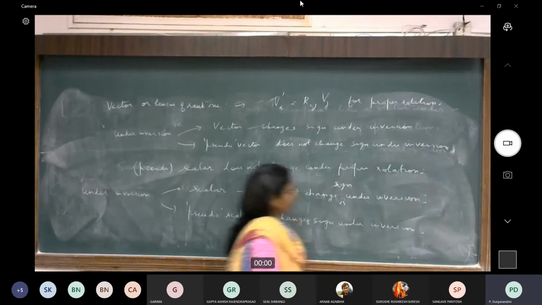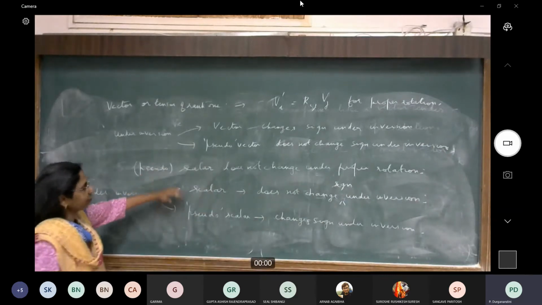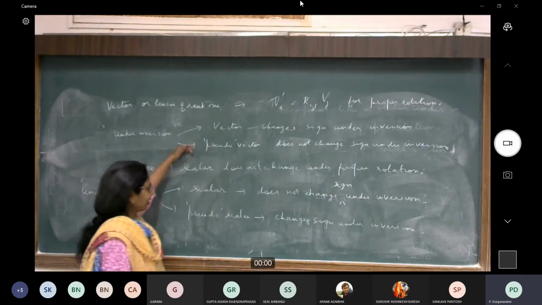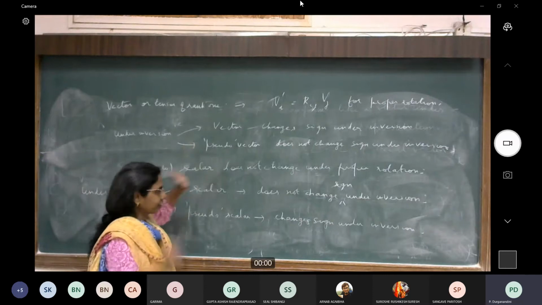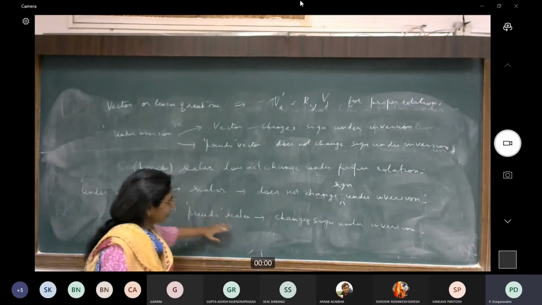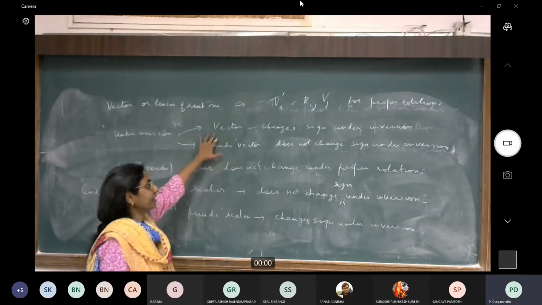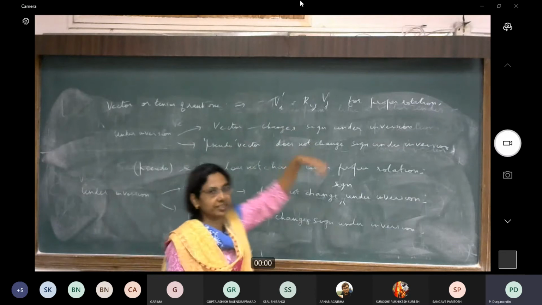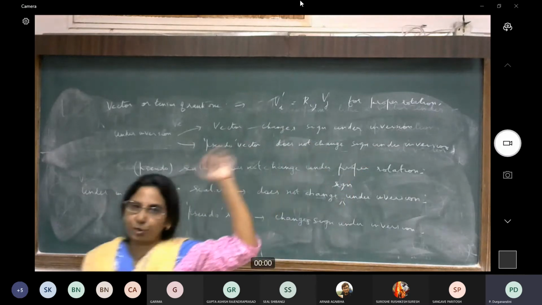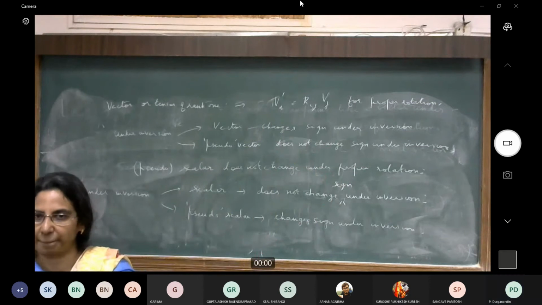So what I wanted to emphasize from here is that the pseudo object depends upon whether it is a scalar or a vector. For a usual scalar, we expect that it should not change sign under inversion, so I will call a pseudo scalar something which will change sign under inversion. On the other hand, for a vector, I expect that a normal vector should change sign under inversion, so my pseudo vector is something which will not change sign under inversion.